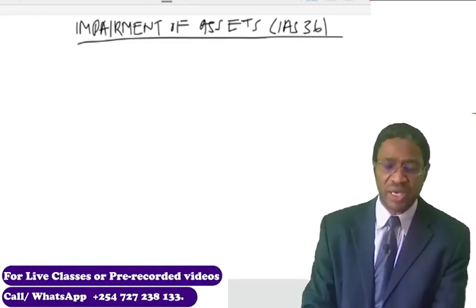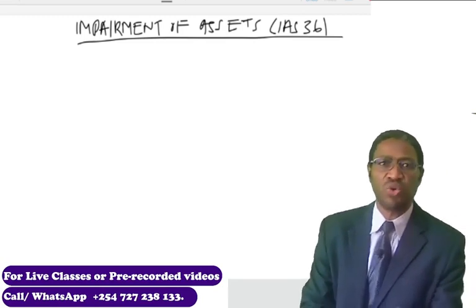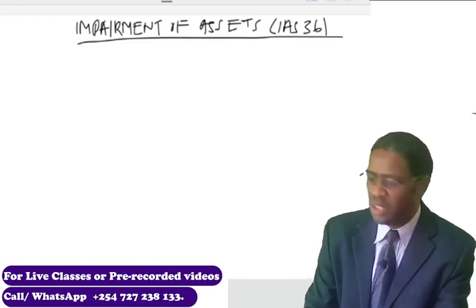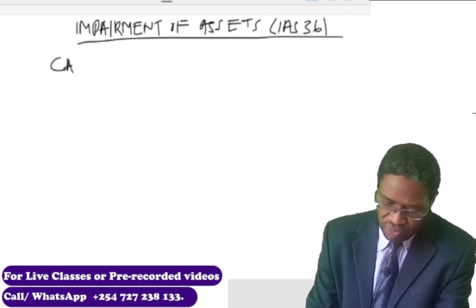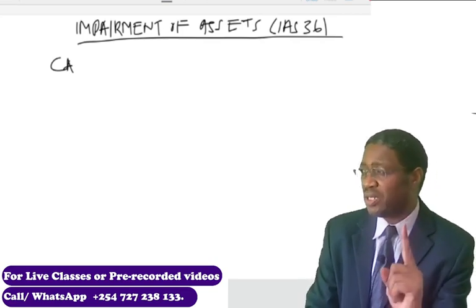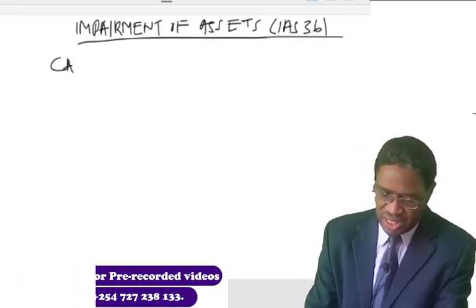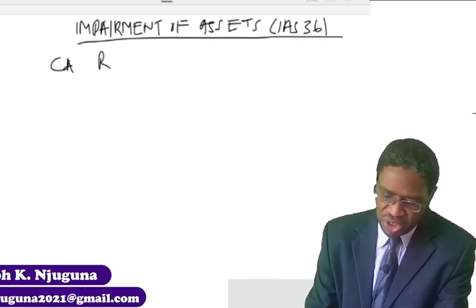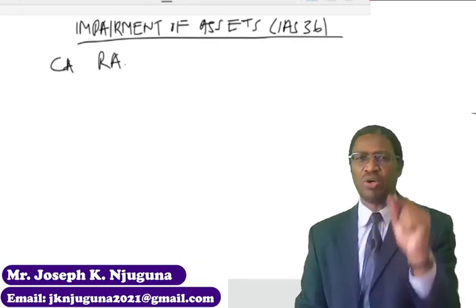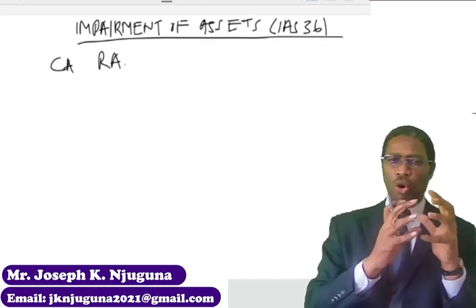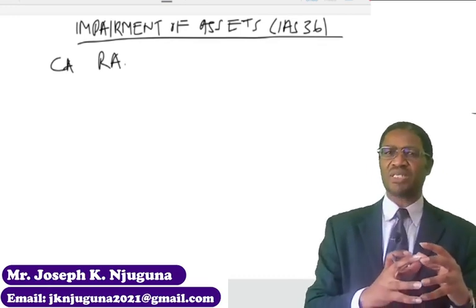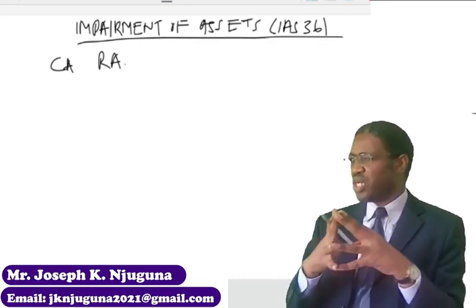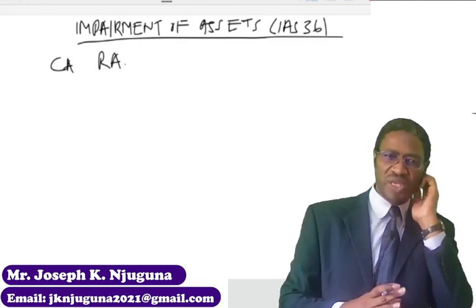So to know whether your asset has suffered an impairment loss or not, as a company, you can compare what we call the carrying amount of that asset with an amount we shall be calling the recoverable amount.